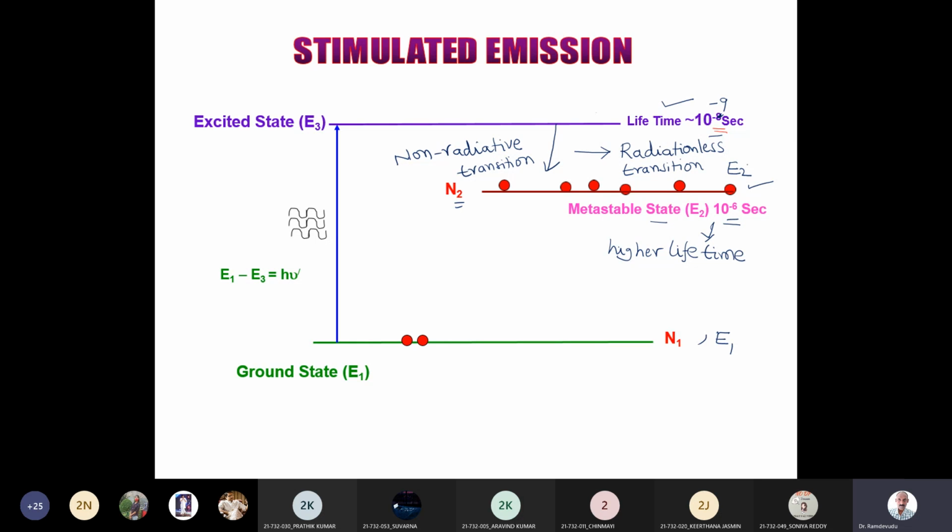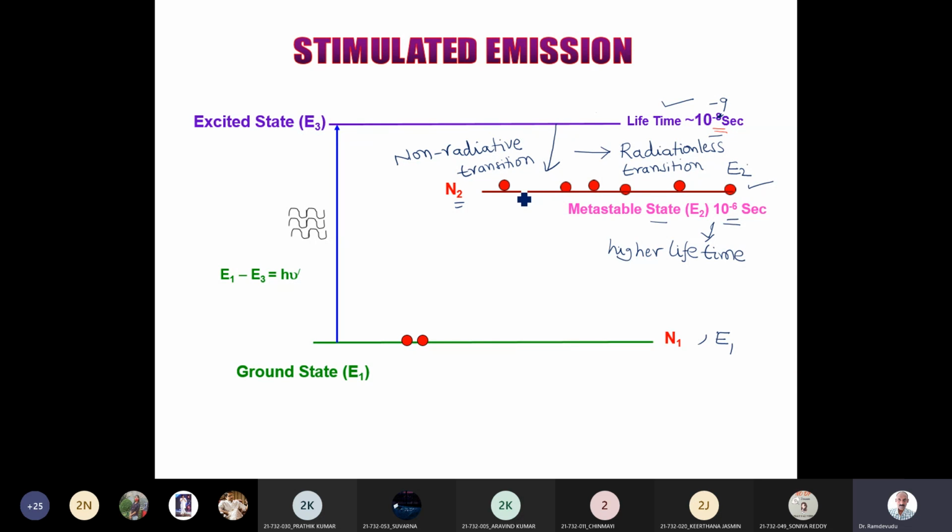Einstein postulated that some atoms will provide you energy levels with more lifetime than normal energy levels. Normal energy levels may vary from 10 to the power minus 9 to minus 8 seconds. Therefore, they don't spend much time. They will quickly fall down to another state.